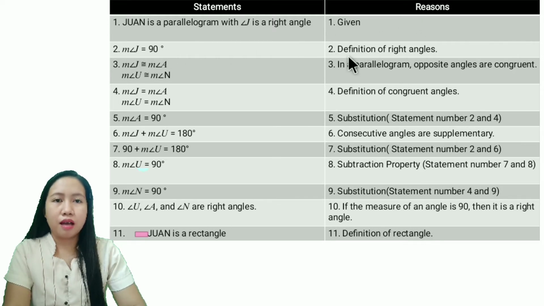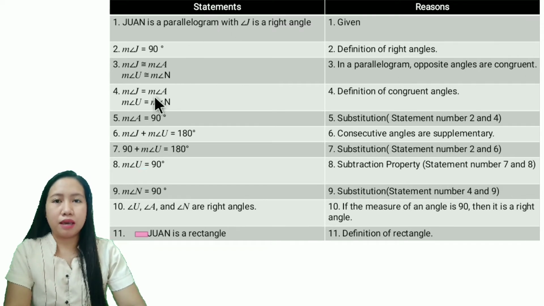Reason: by definition of right angles. Number 3, measure of angle J is congruent to measure of angle A, and measure of angle U is congruent to measure of angle N. Reason: in a parallelogram, opposite angles are congruent.